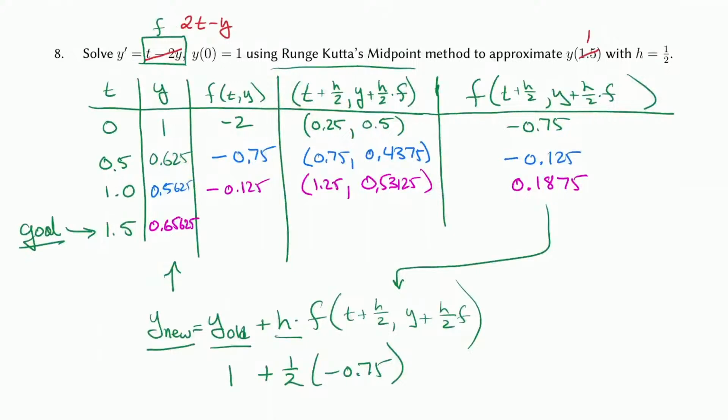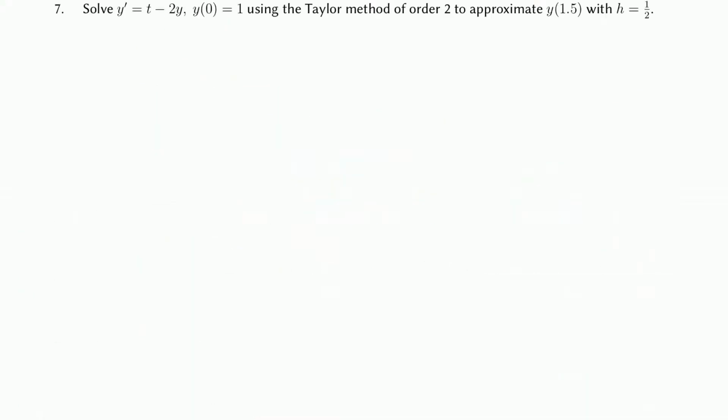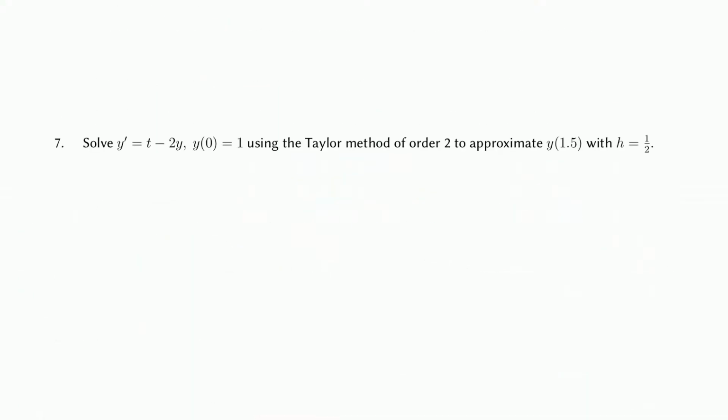So I guess what we should do is try to do as much of this as you can before Wednesday. That way on Wednesday, you can tell me if it's too much. Now I'll leave it like this for the practice test, but just to warn you, when we get to the actual test on Friday, I'm going to change these to y of 1 instead of y of 1.5. That way you only have to do 2 steps instead of 3.